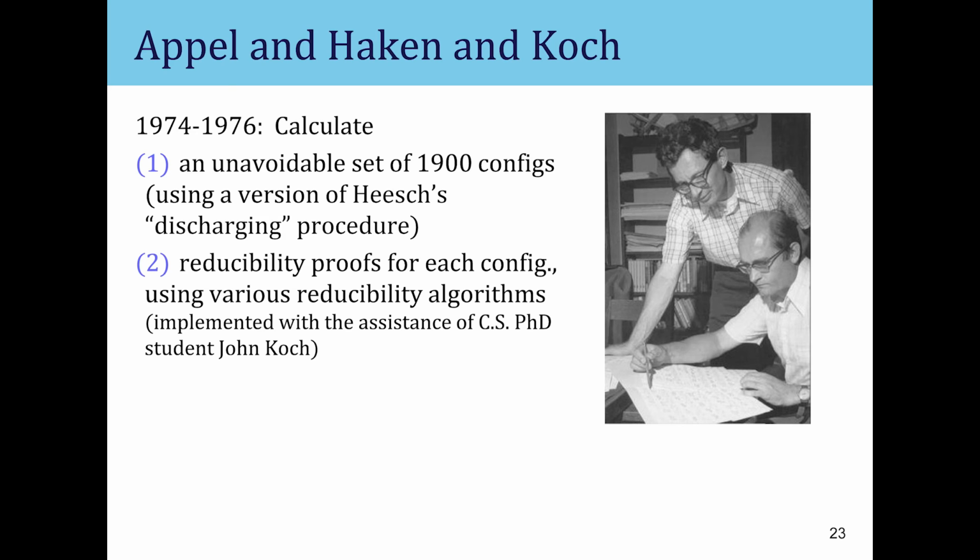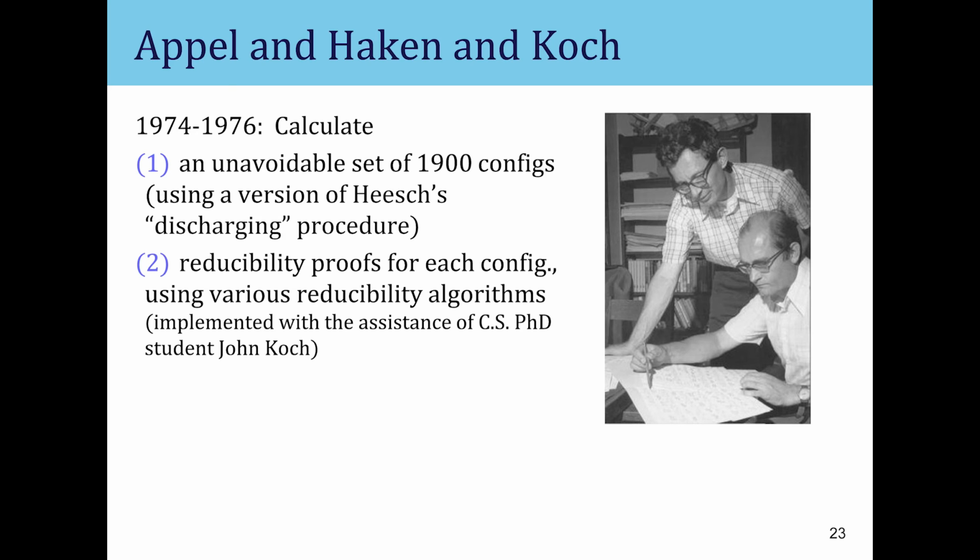And the reducibility proof for each configuration is a case analysis on about 200,000 cases, right? So for a configuration of ring size 14, as Robin Wilson explained yesterday, you need a case analysis over 14 quantified variables of 4 colors, and it's a big case analysis.